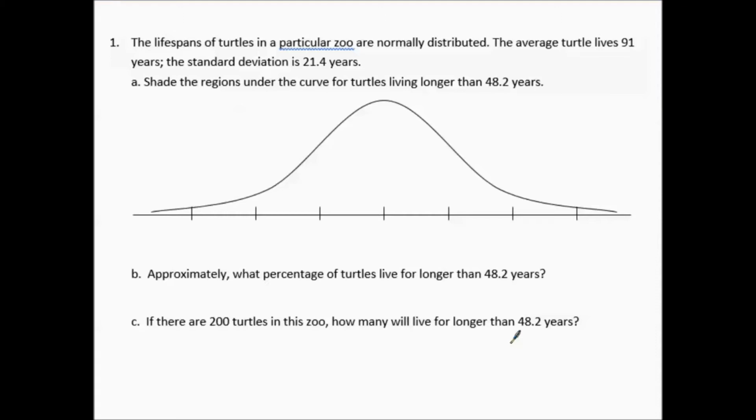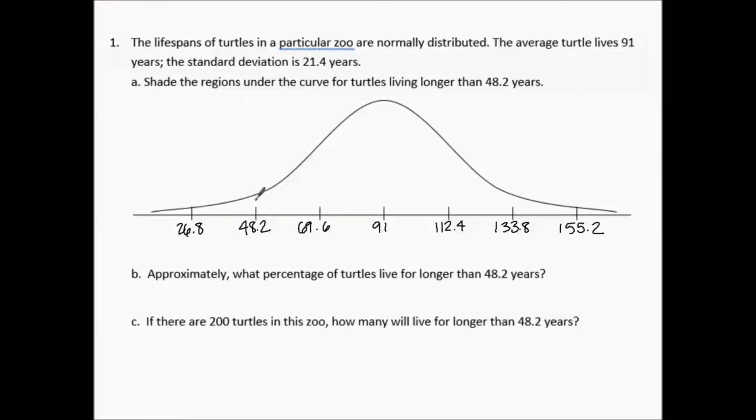We know that the mean goes in the middle, and we know that we are adding or subtracting the standard deviation for each one of these lines. So here we would add the standard deviation, then add the standard deviation again, then add the standard deviation again. On the other side, we would subtract the standard deviation, and subtract it again, and again.